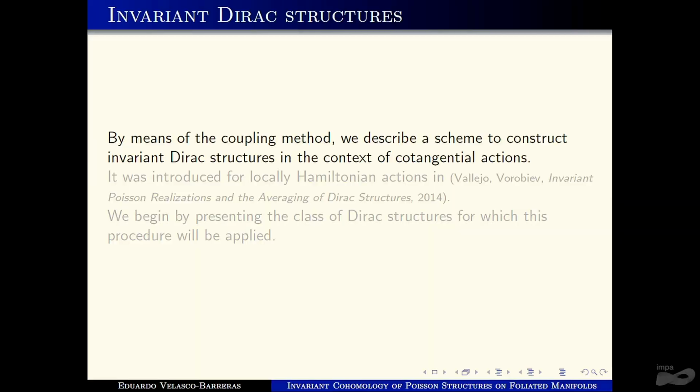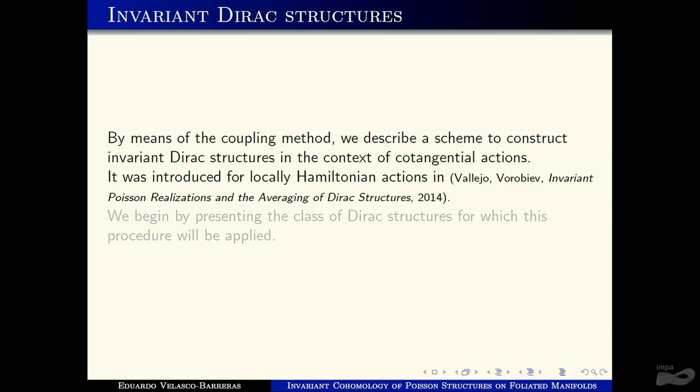So now we are going to describe this procedure to construct invariant Dirac structures in the context of cotangential actions by means of the coupling method. This scheme to construct invariant Dirac structures was presented in this paper of Vallejo and Borovoy for the case of locally Hamiltonian actions.